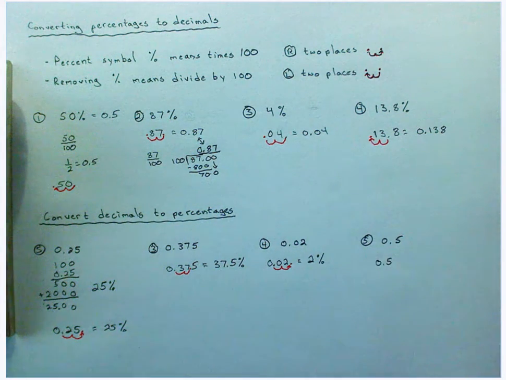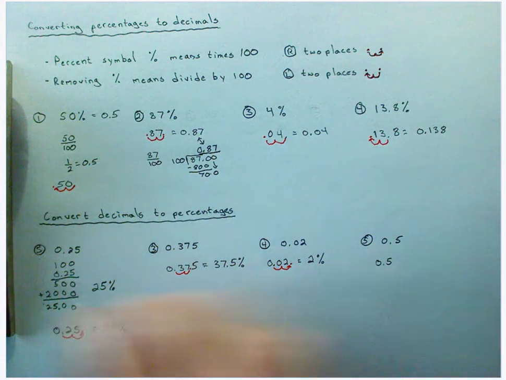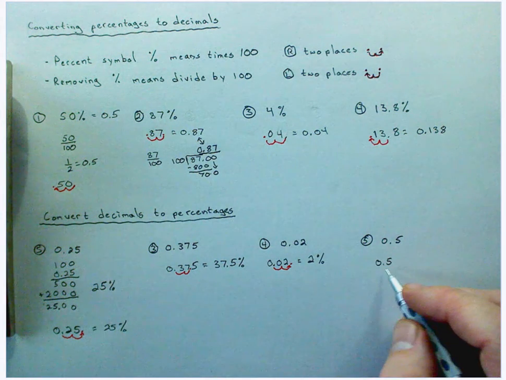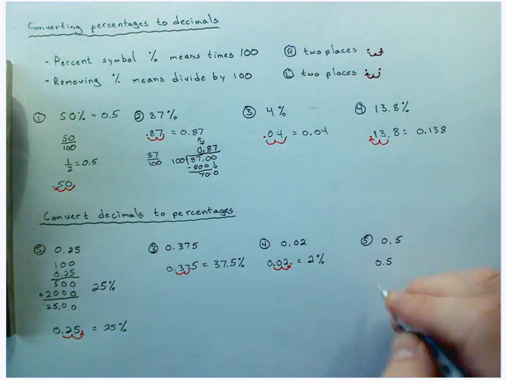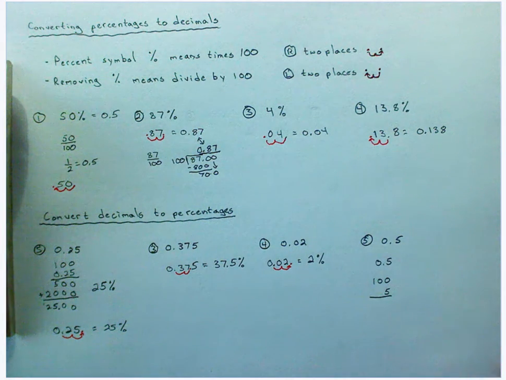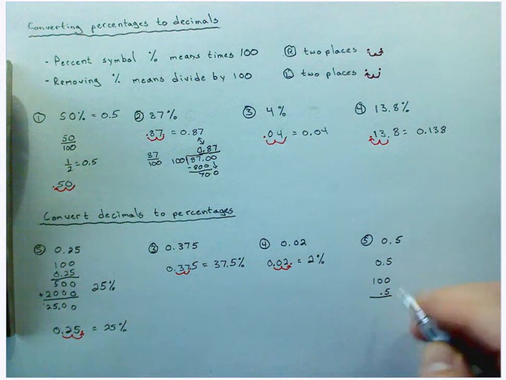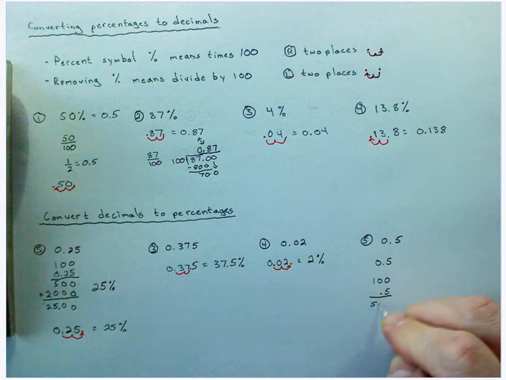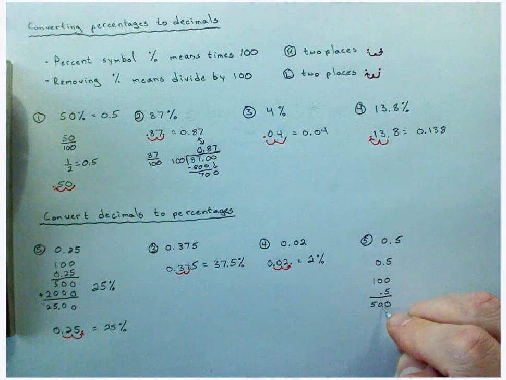0.5. What I'm saying here, and we'll do the multiplication on this, I'm saying I'm going to convert this decimal to a percentage, so that means I'm going to multiply by 100, correct? And I end up with 500, and I have to come over 1 with my decimal, so there's my decimal place there.